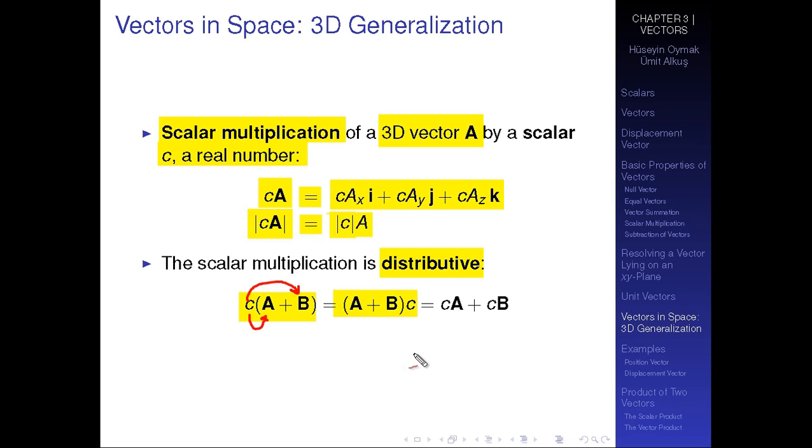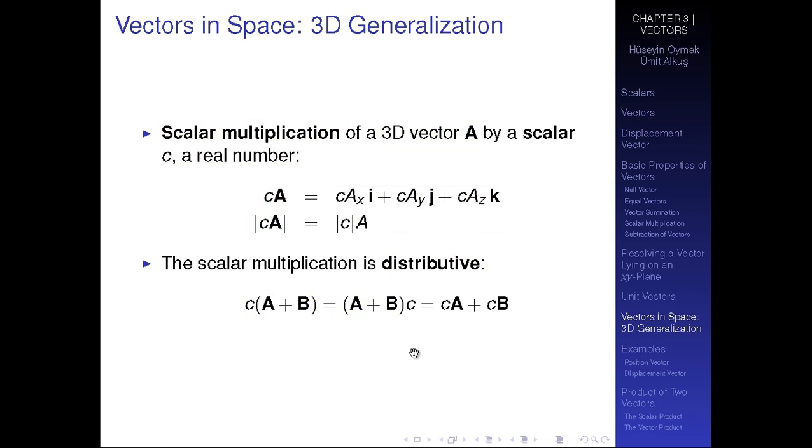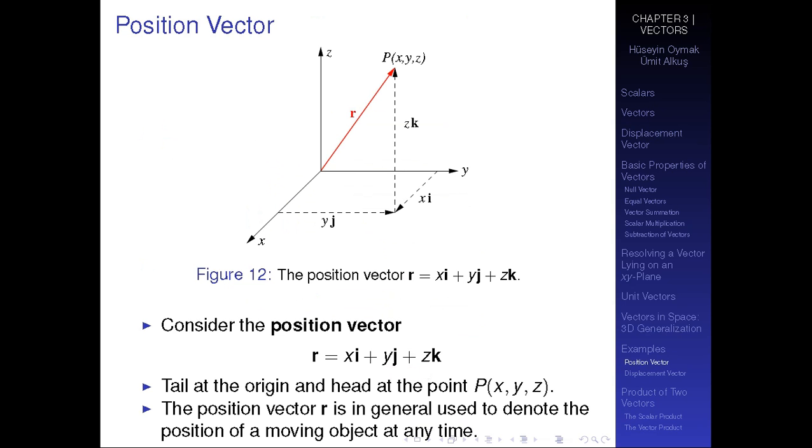Now we are ready to discuss an example of a three-dimensional vector, that is, the position vector. Although we do not normally associate a vector with a definite position, there is a particular example called the position vector, whose tail is at the origin and whose head is at the point P of x, y, z, as in this figure.